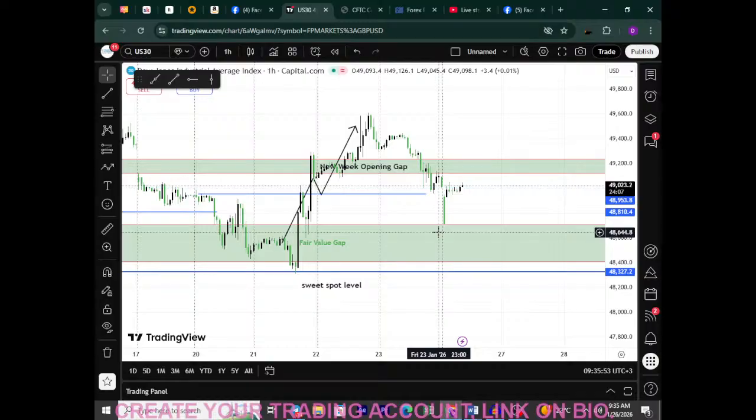You cannot get sniper entries on US30 daily. So that means sometimes your stop loss has to be quite wide. For example, you set a stop loss of 150 points, then you target maybe 500 or even 700 or even 1000 points.